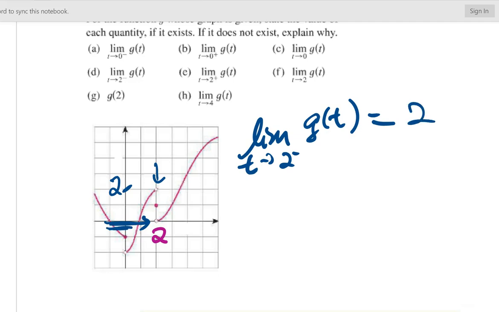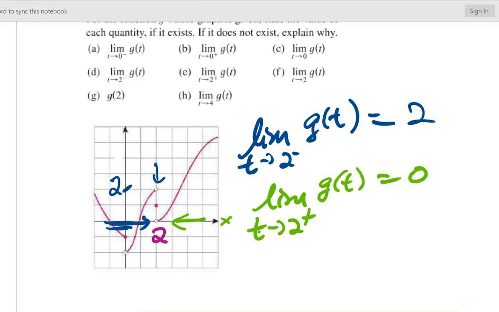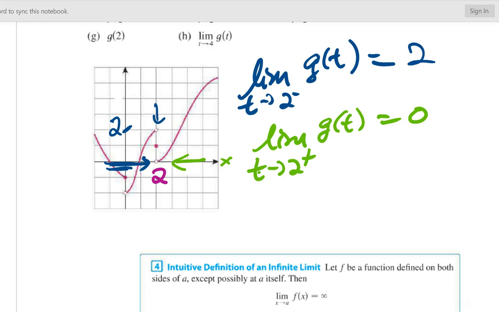And now coming in from the right, we'll use green again, it looks like it's on the x-axis itself. If you're on the x-axis, the y value is 0, so the limit as t goes to 2 from the right of g of t is 0. And so once again, the limit doesn't exist there.